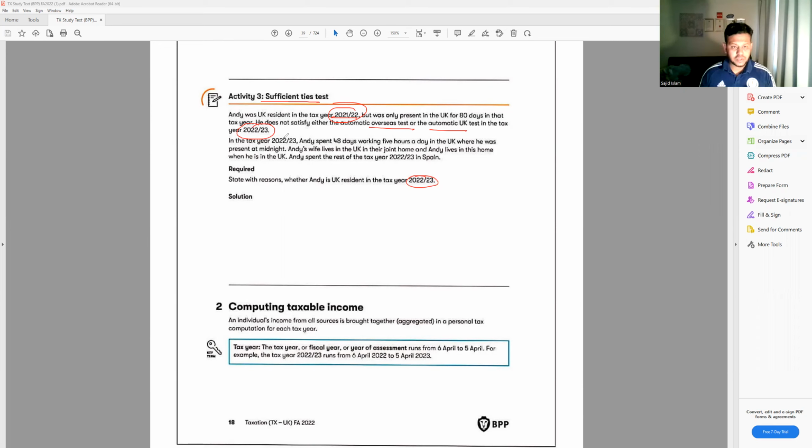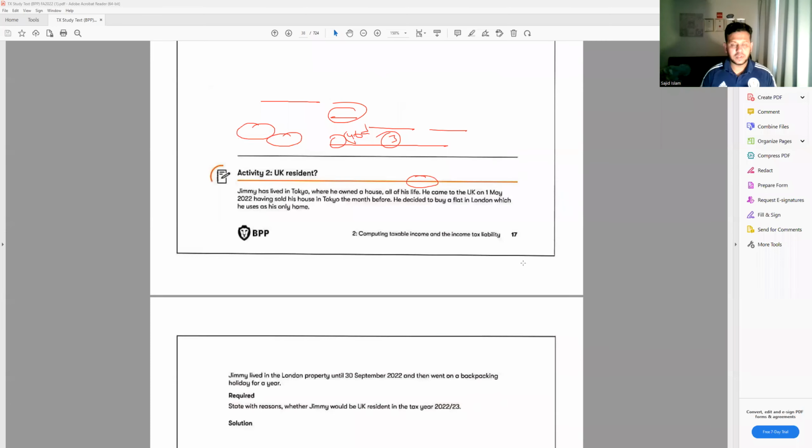In the tax year 2022-23, Andy spent 48 days working 5 hours a day. So we know if someone is working 3 hours a day, and if someone does substantial work, that is 46 days. Just quickly have a look at the table.